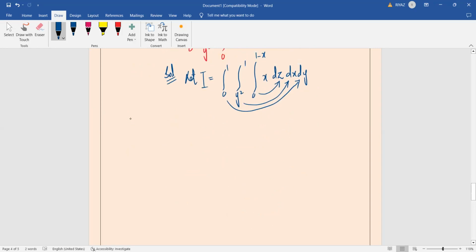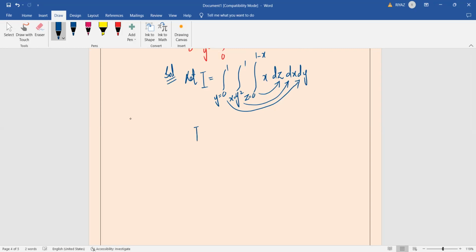So we start integrating with respect to z only, so we have to mention also, this is limits of z, this is x limits, and this is obviously y limit.